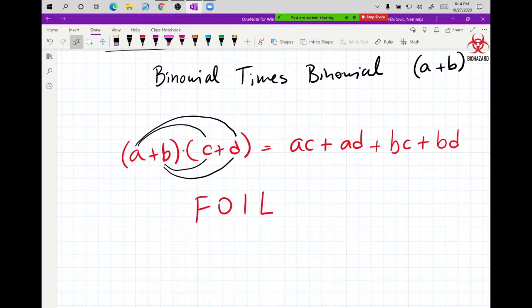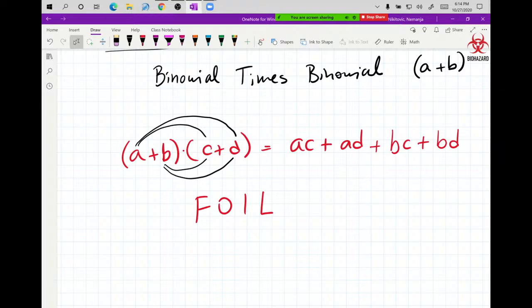The reason why I don't like it is also it works only for binomial times binomial. As soon as you change the size of any of these two parentheses and put more or less terms, FOIL doesn't work anymore as the acronym, because it's very specific for this situation when you are multiplying binomials.